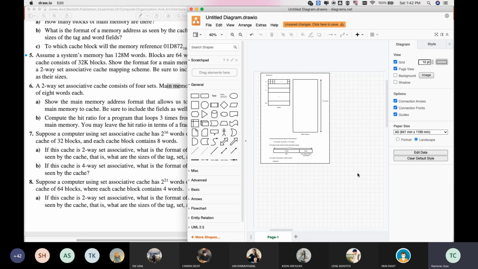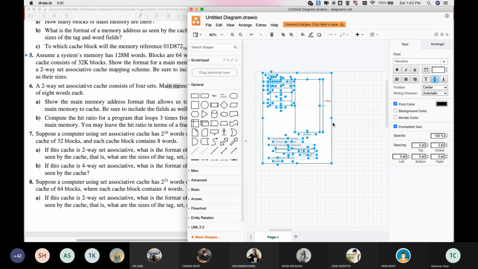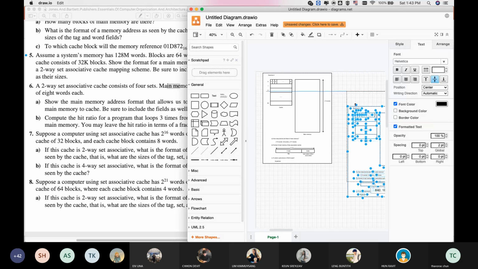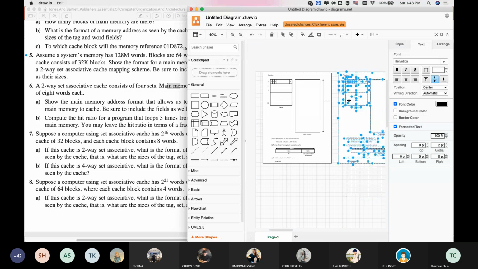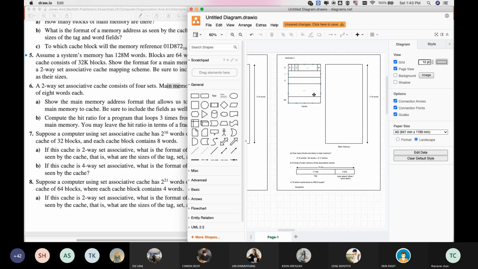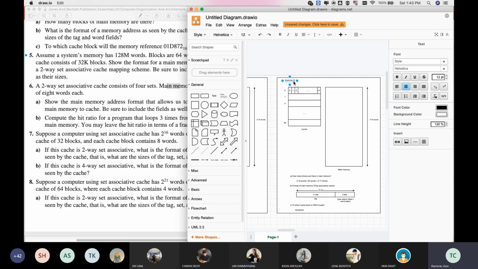Okay. So let's copy this and place it here. So this one is exercise number 6.